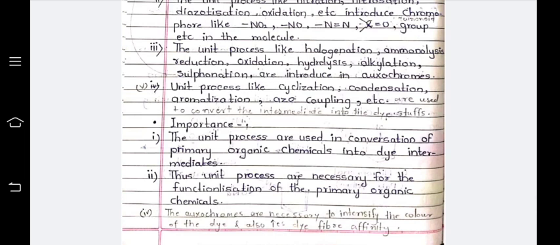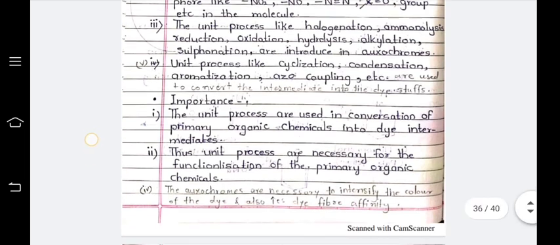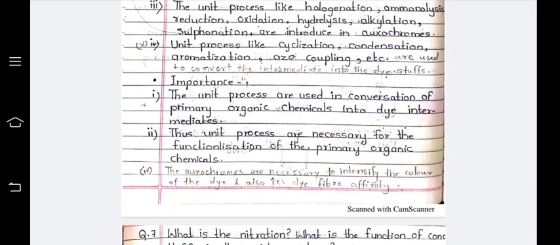Unit processes like halogenation, ammonolysis, reduction, oxidation, hydrolysis, alkylation and sulfonation introduce the auxochromes. Unit processes like cyclization, condensation, aromatization, azo coupling, etc. are used to convert the intermediates into the dyes. The important points are that unit processes are used in the conversion of primary organic chemicals into dye intermediates, and they are necessary for the functionalization of primary organic chemicals.